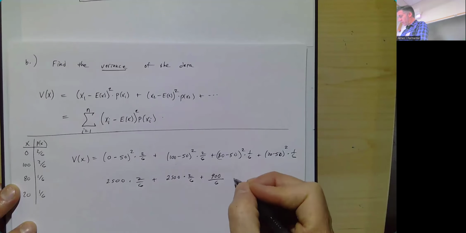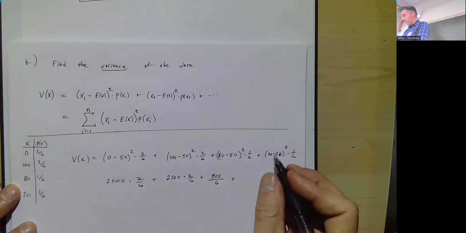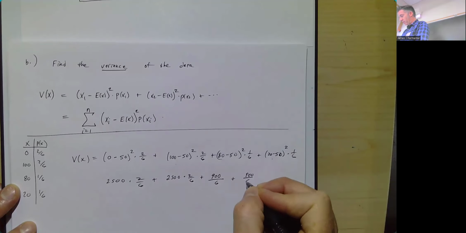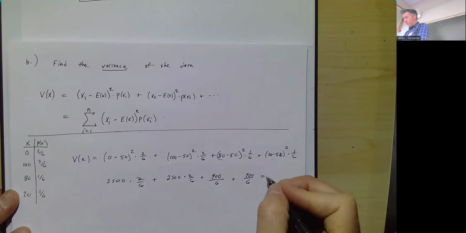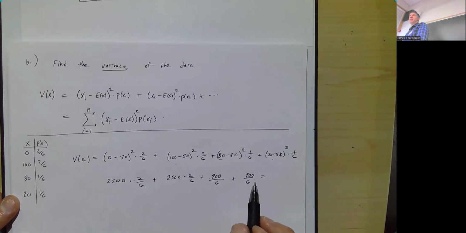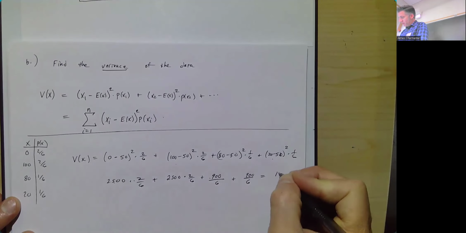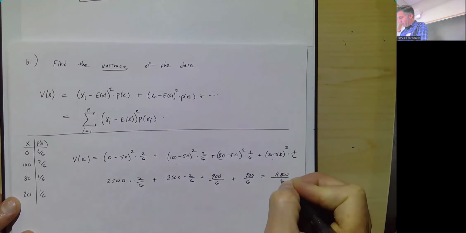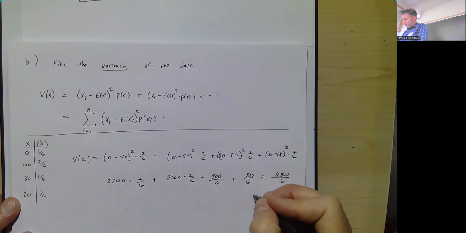Same deal here. Negative 30 squared is 900 divided by 6. So let's see. 2,500 times 2 is 5,000 plus 5,000 plus 900 plus 900 is 10,000 plus 1,800 is 11,800, I think. That's about right. 11,800 divided by 6, which is approximately 1,967.